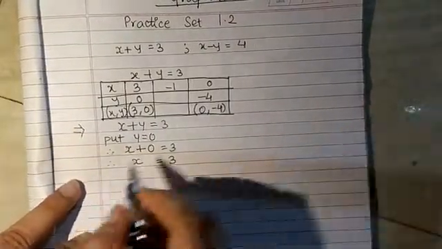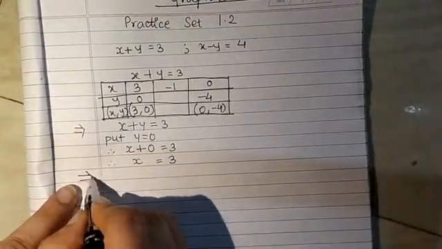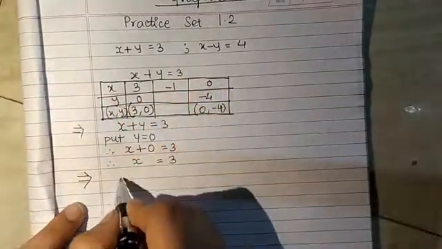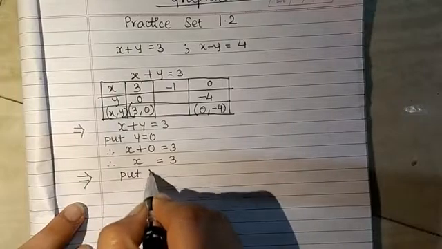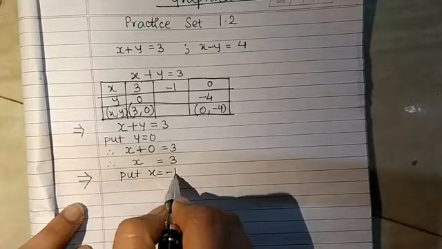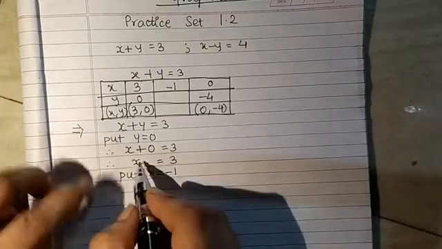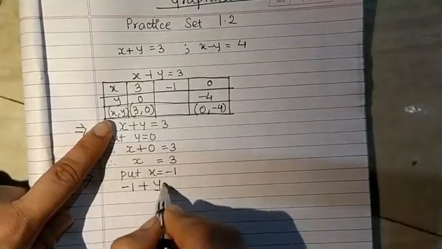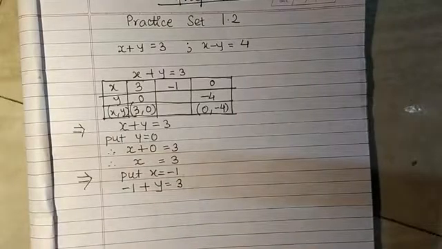देन उसके बाद में नेक्स्ट स्टेप पे जाते हैं, हम x के जगह पे -1 डालेंगे, बिकॉज उन्होंने -1 दिया. सो पुट x इज इक्वल्स टू -1. ओके, सो चलो पुट करते हैं x के जगह पे -1 प्लस y इज इक्वल्स टू 3.